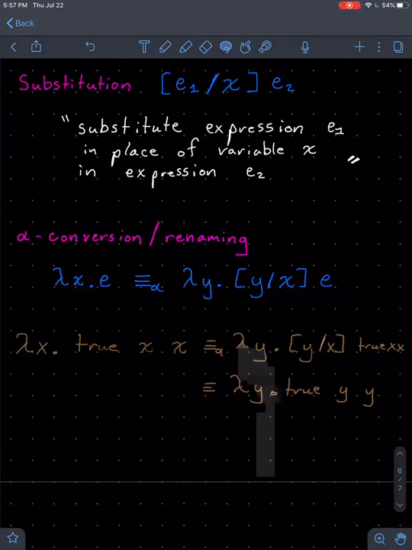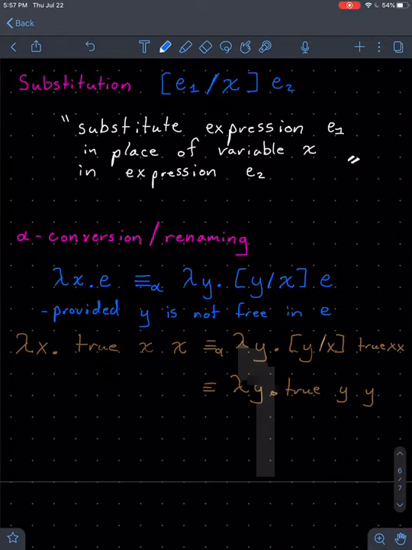There is one caveat to this rule: provided y is not free in E. You don't quite know what free means yet.